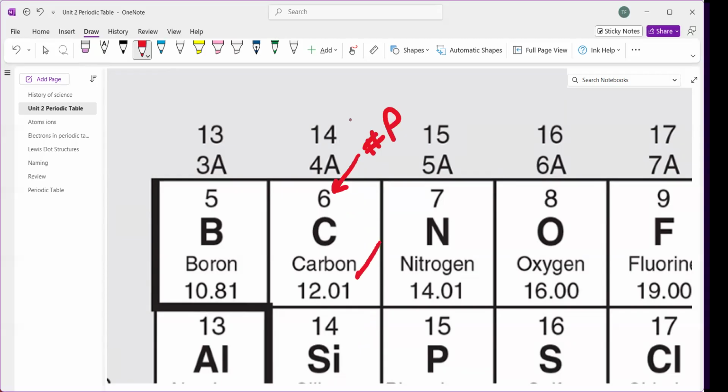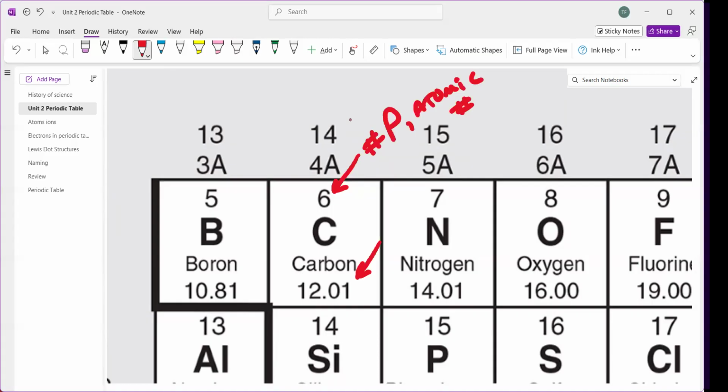This is called the atomic number. A non-decimal integer, because that's the number of protons, and you can't have a fraction of a proton. That's why it's a whole number.